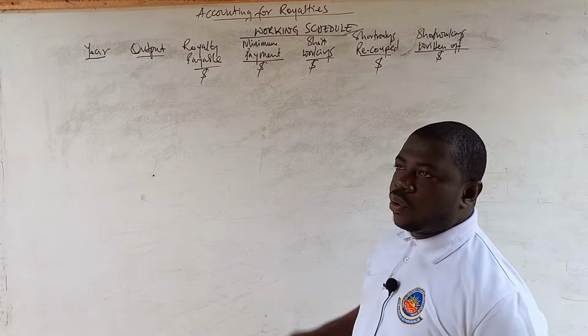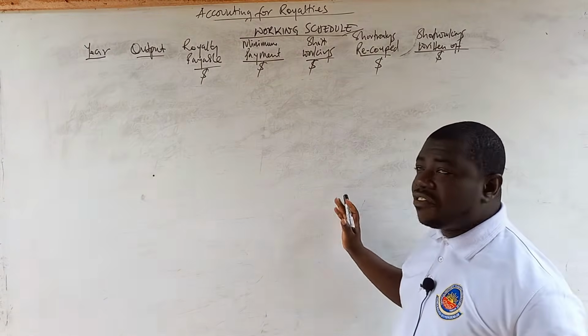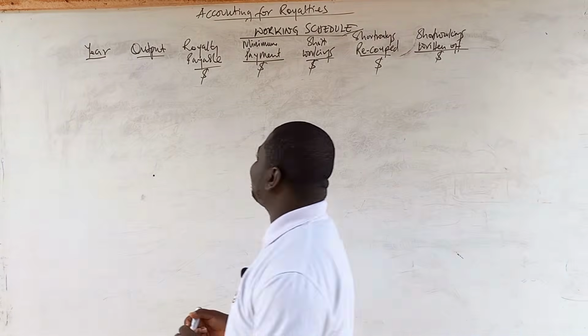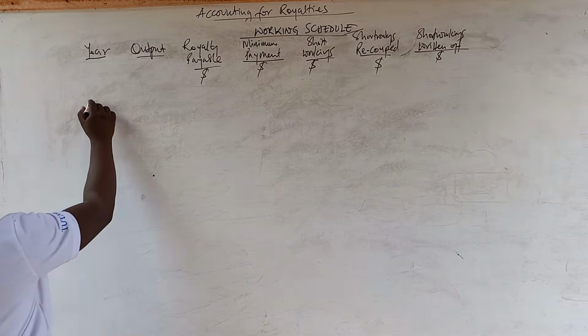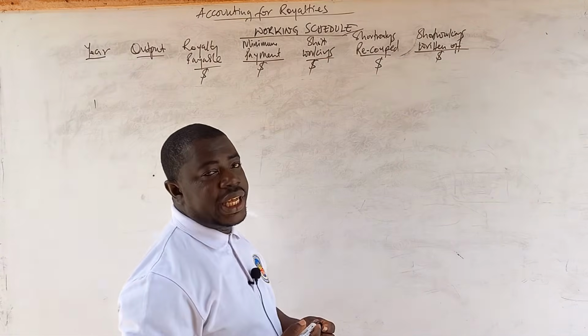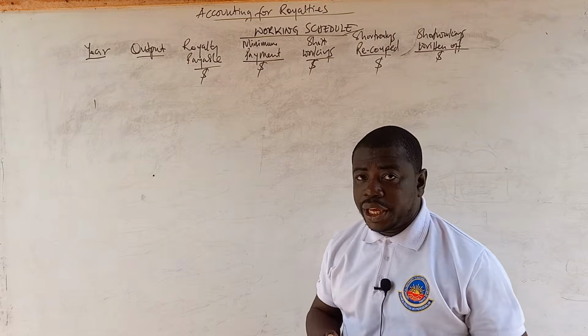Now, what we are going to do now, look at what I'm going to do. I'm going to make it very practical so that you understand how to prepare the working schedule. Assuming that in year one, normally the question will give you the agreement, which is the amount that is being paid per output.